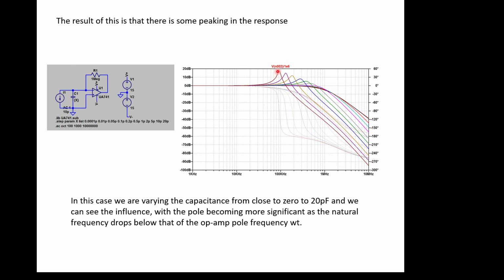So we end up with these peaks around the response. It's quite good for small amounts of capacitance, but as the capacitance goes up we start to get a lot of peaking response. This can become quite a violent thing. This is the damping response of your second order system, so this is where the Q factor comes into play.